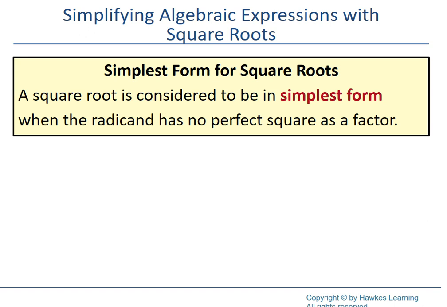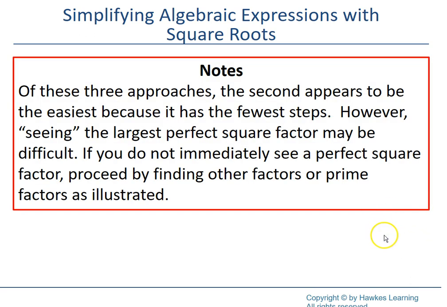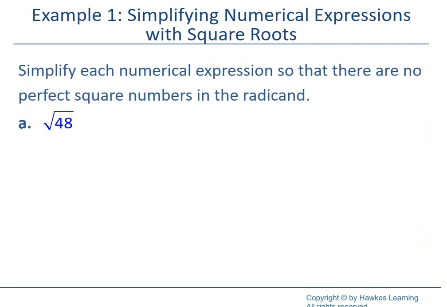Now, when we are to simplify square roots, we want to leave it in such a form that the radicand has no perfect square factors left in it. And we'll illustrate that here. Now, the book and the PowerPoint slides go through this very well too, but I'll give you a little lesson here as well.